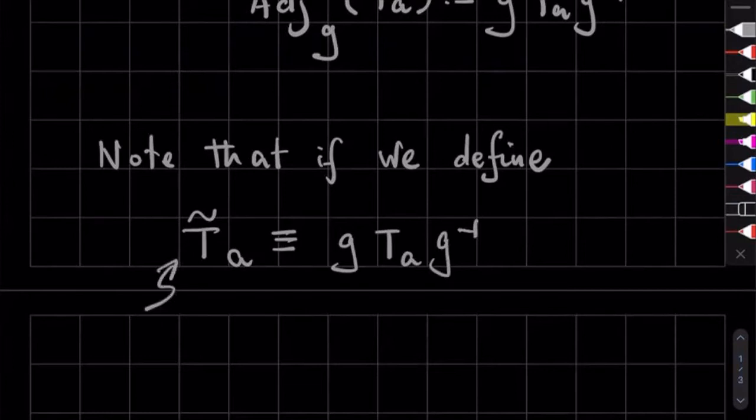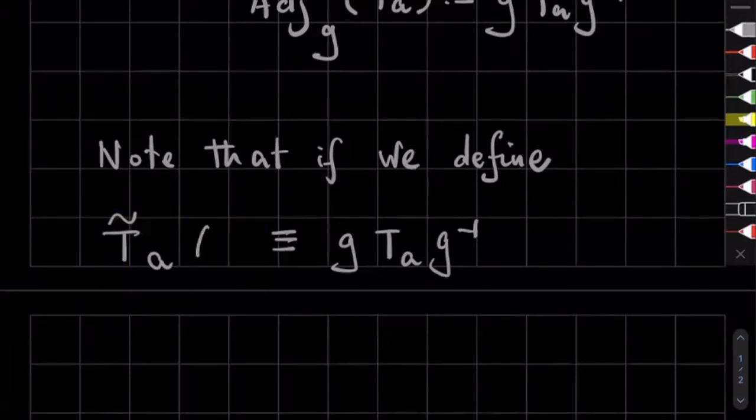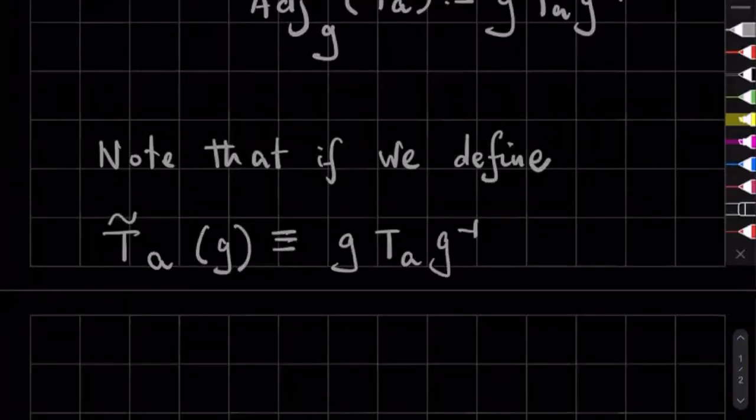We are not putting that into the notation, but if you wanted to be absolutely thorough, we would have to write T_A, which depends on the element G. But I'm just not going to bother with writing this.